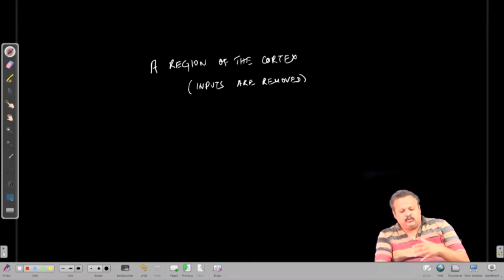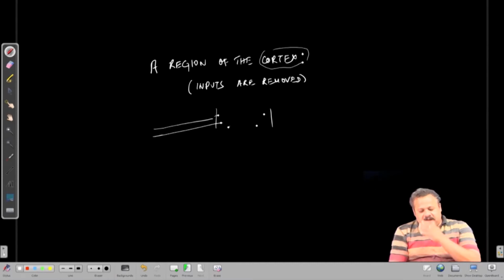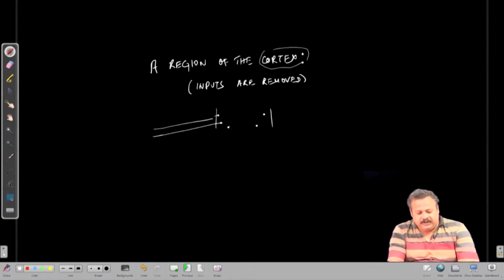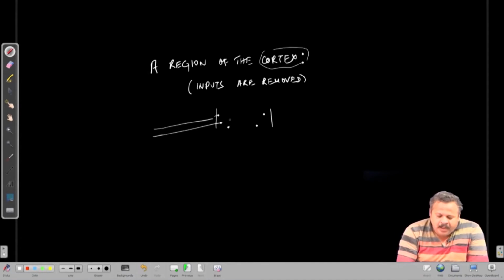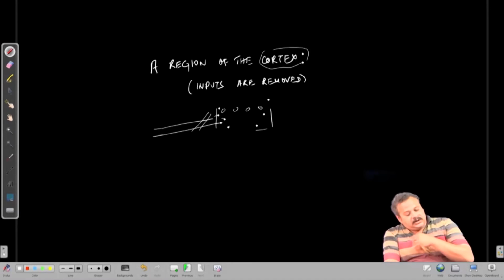Let us say there is a bundle of axons going into that region. It is not necessarily cortex, but for the examples we will be talking about, it will be cortex. There are a large number of neurons here, and this input is somehow gone. So, it is de-afferented: the afferents, or the fibers projecting into that region, are gone.